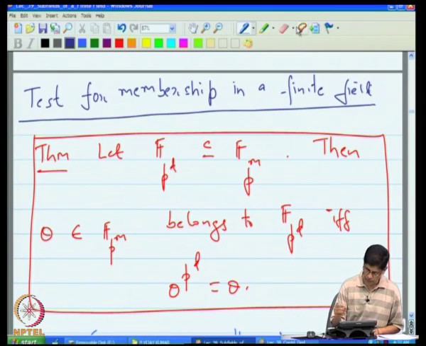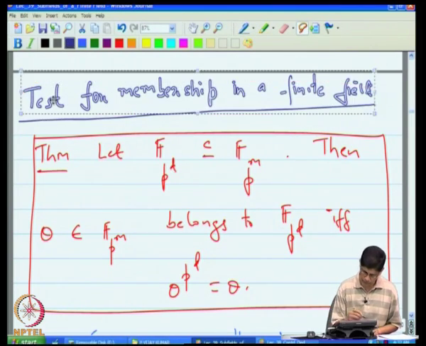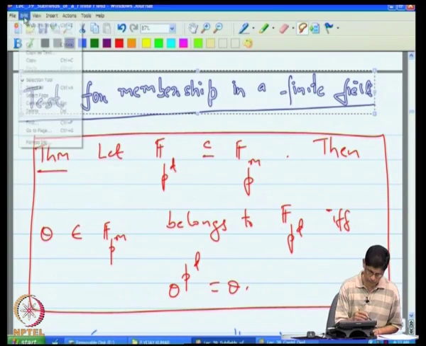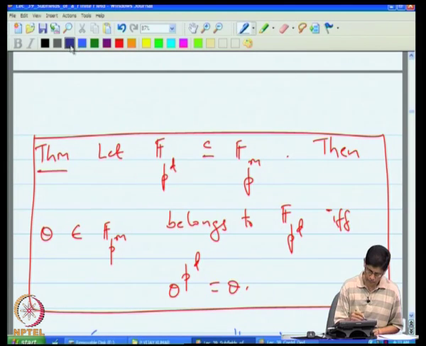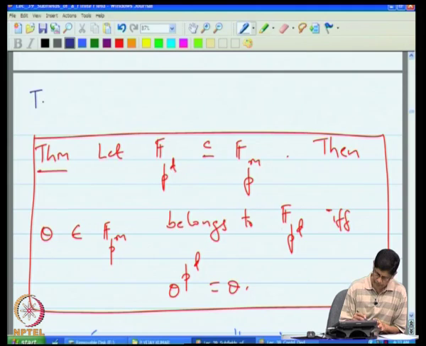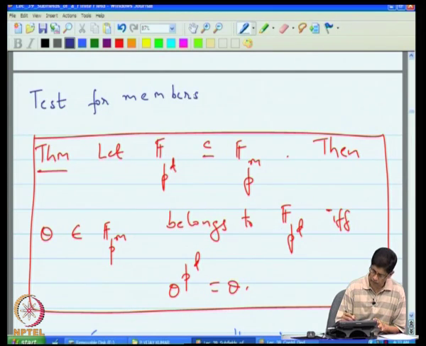Let me write: test for membership in a subfield.